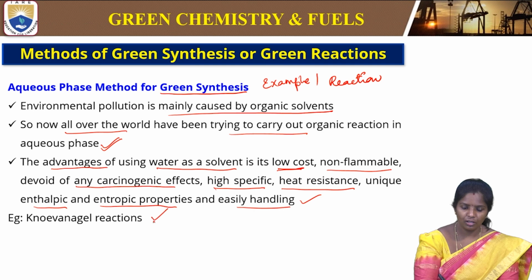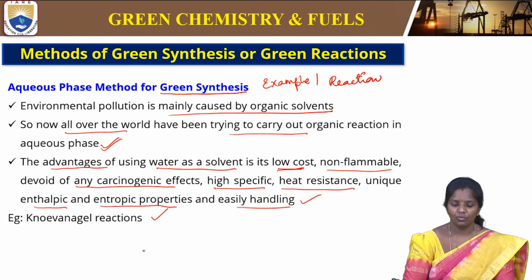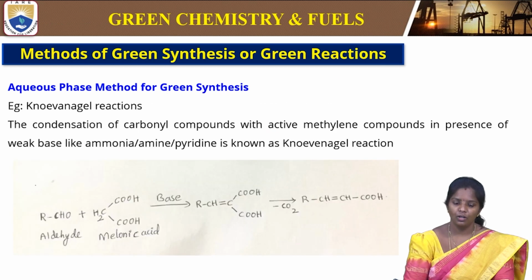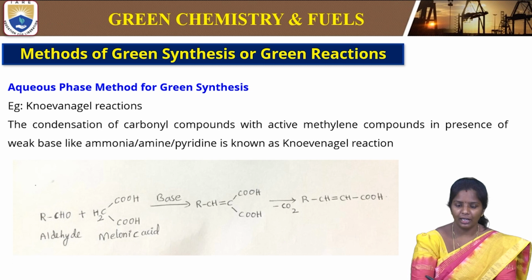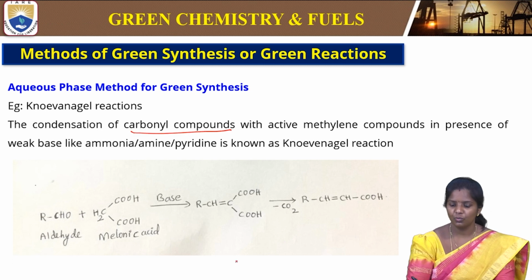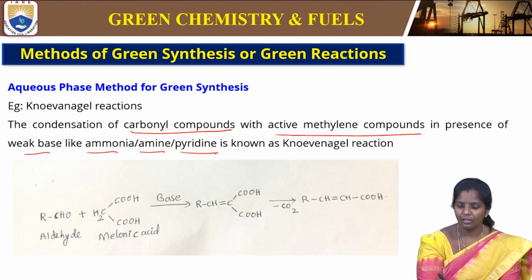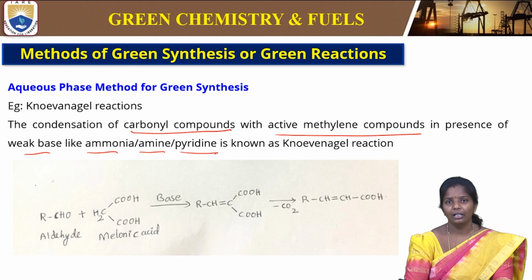An example is the Knoevenagel reaction, where we will see how the conventional and green synthesis are modified. The condensation of carbonyl compounds with active methylene compounds in the presence of a weak base like ammonia, amine, or pyridine is known as the Knoevenagel reaction.